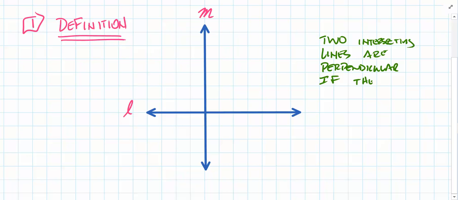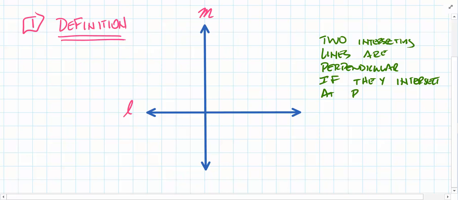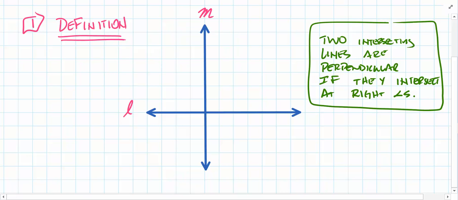If they intersect at right angles. Okay, so that right there is our definition. Two intersecting lines are perpendicular if they intersect at right angles.